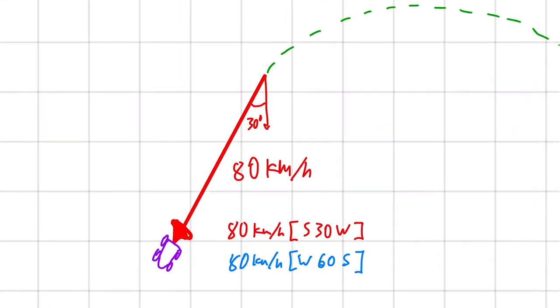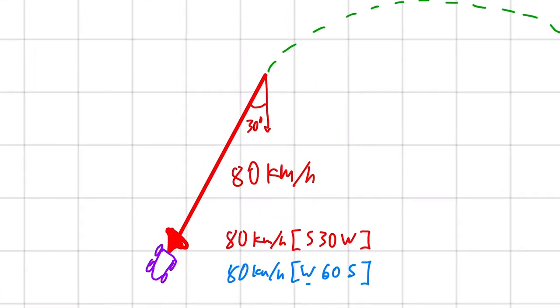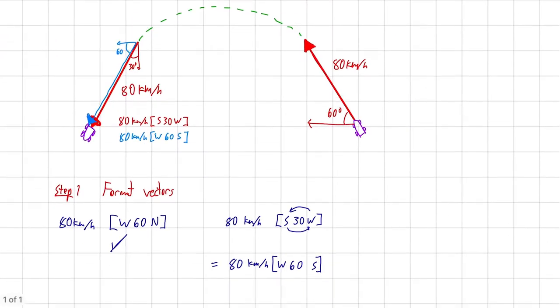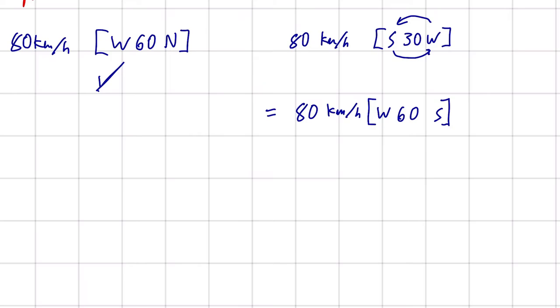So if I want to do this one in blue, I'm going to go 80 kilometers per hour west, 60 south, west, and then we're going to go 60 degrees south, then 80 kilometers. So as you can see, it's going to be the exact same vector, just written with a different notation for the direction, with our west direction first and then our south. And this is necessary for adding vectors, which we will do later in this example.